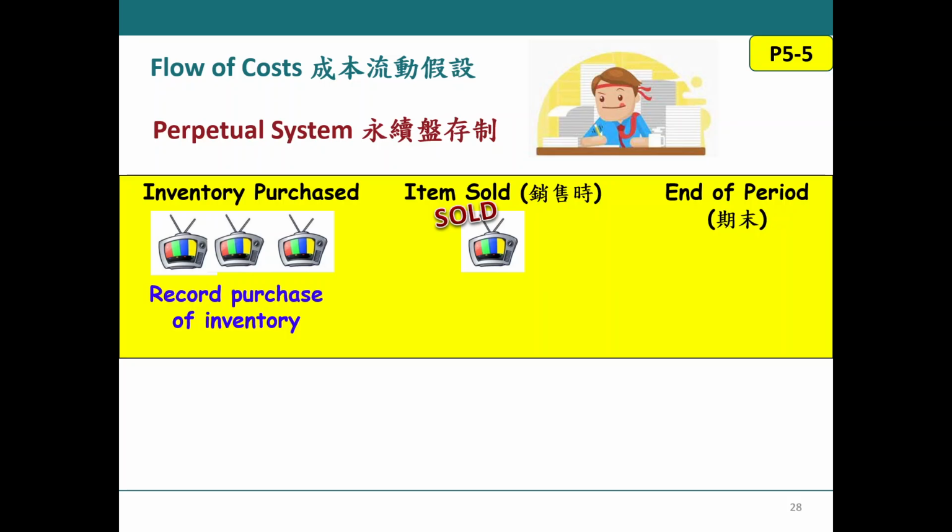The key point is right now: later, when we sold the inventory, we are perpetual hard worker. That means we will record, okay, we sold 1 unit to customers. We will record the sales revenues. At the same time, even though cost of goods sold is the difficult job, we still will record it immediately right now, okay?